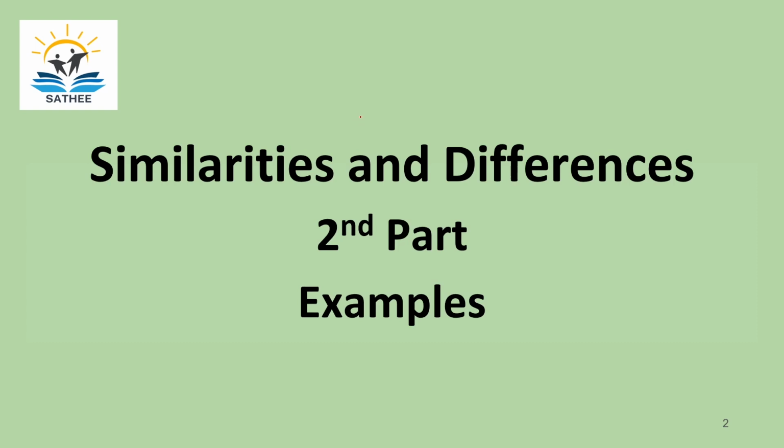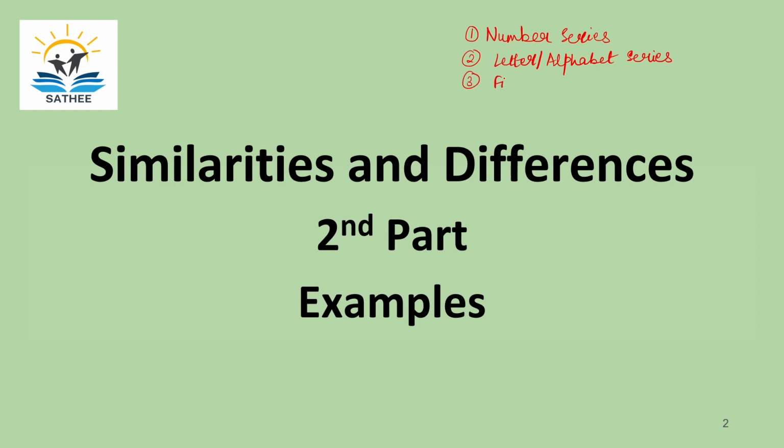In the last lecture, we discussed that there are 6 types of questions that can be formed from similarities and differences that can be asked in your competitive exams. These were: first was number series similarities, the second was letter series, also known as alphabet series similarities.